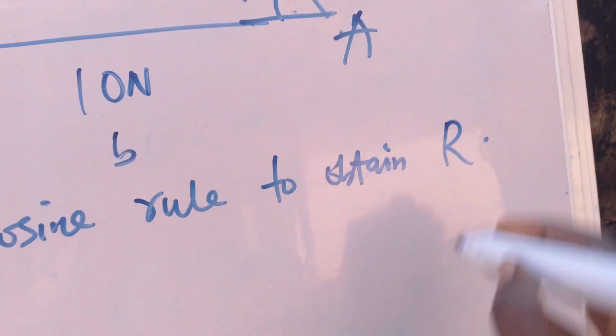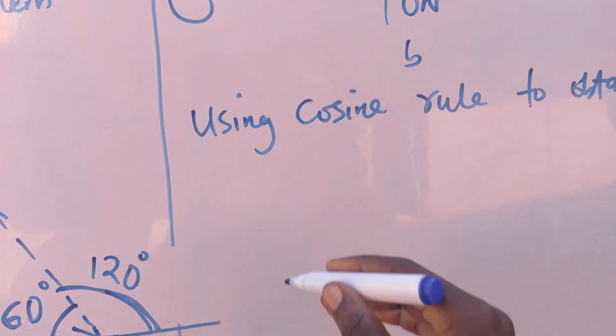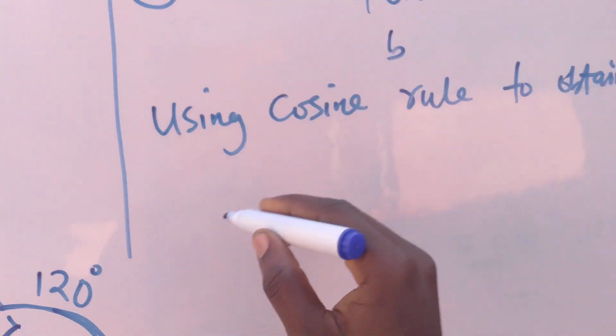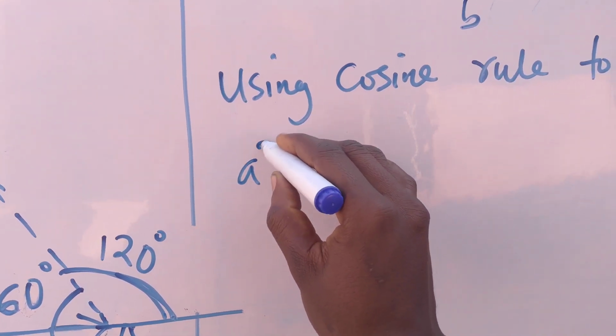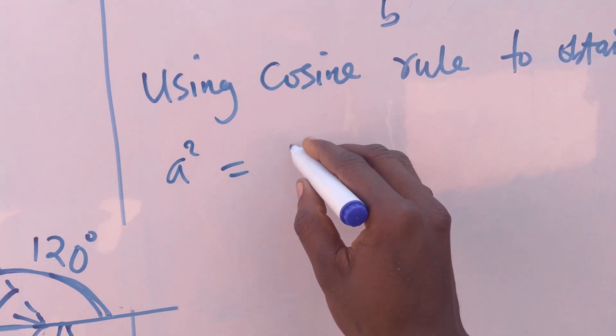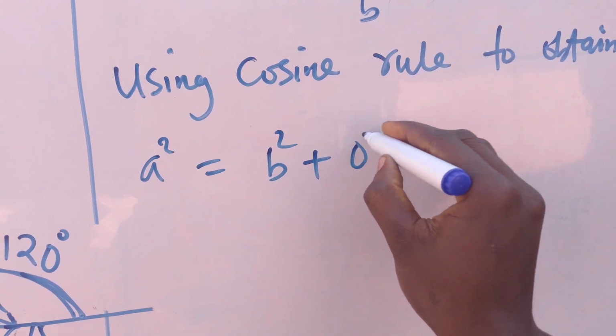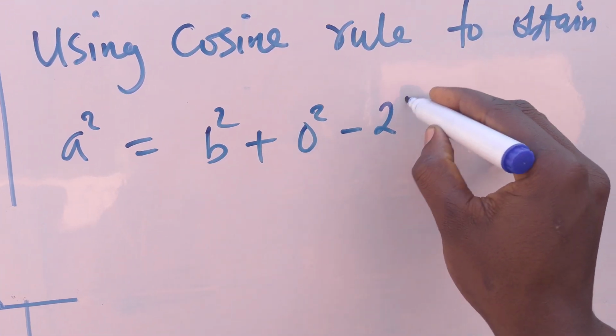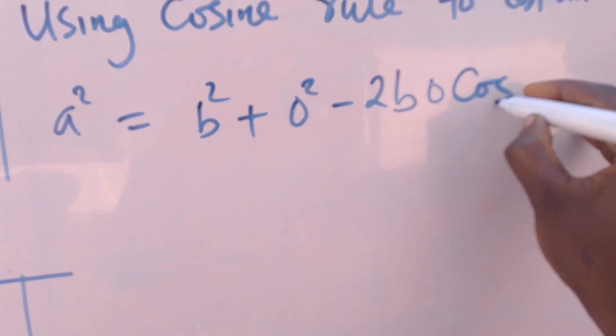R, the resultant. The cosine rule will be a square equals b square plus o square minus 2bo cos.